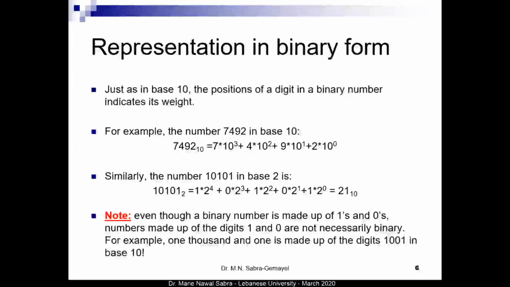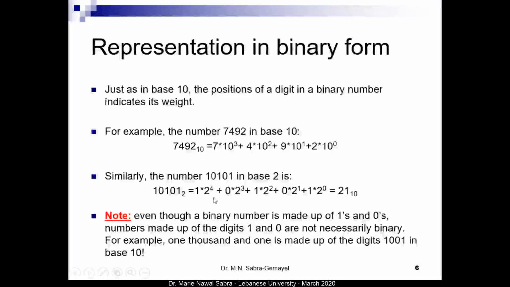If I want to understand the value of the number in binary, I have to remember first that when I had a number like 7492 in base 10, if I wanted to use it in the expanded form, this is what it gave. It gives the digits times the powers of 10, because 10 is the base, of the different place values of the digits.